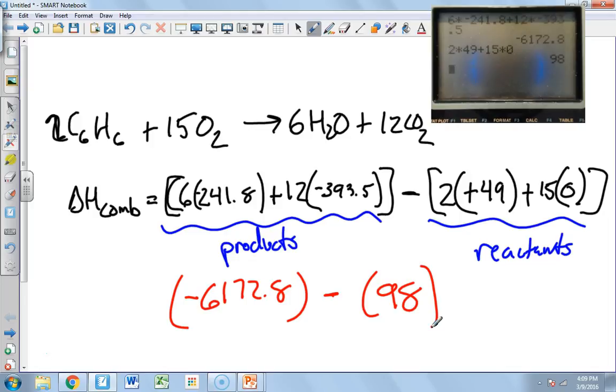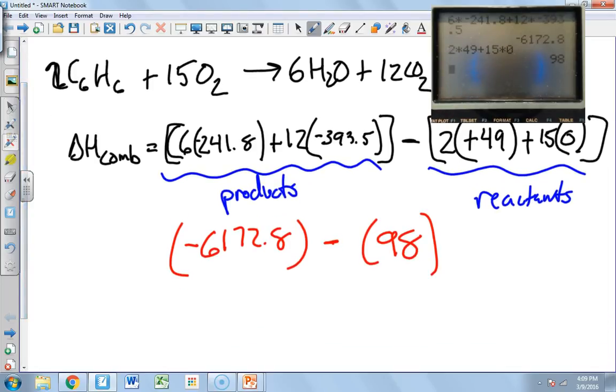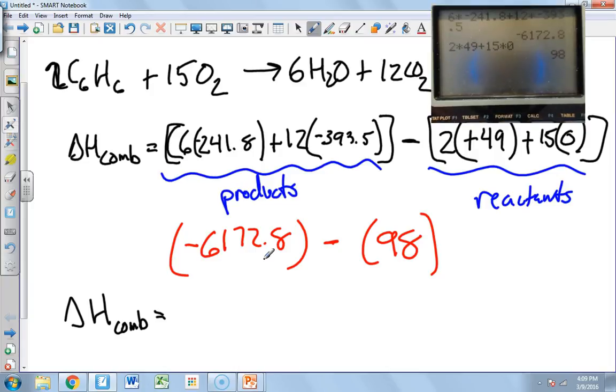So we still have one more step to find the delta H of combustion. The delta H of the reaction, in this case the specific reaction called combustion, equals negative 6172.8 minus 98.